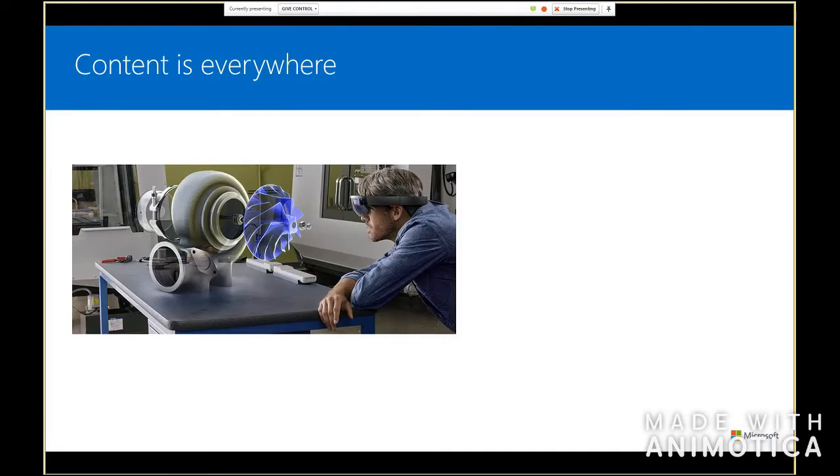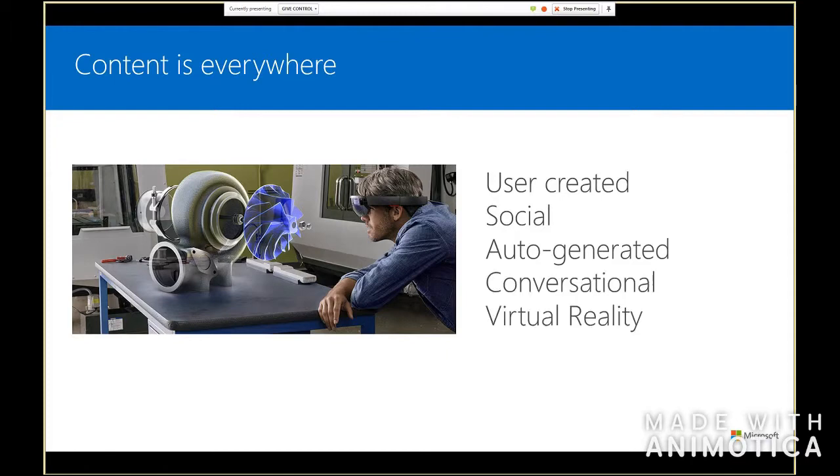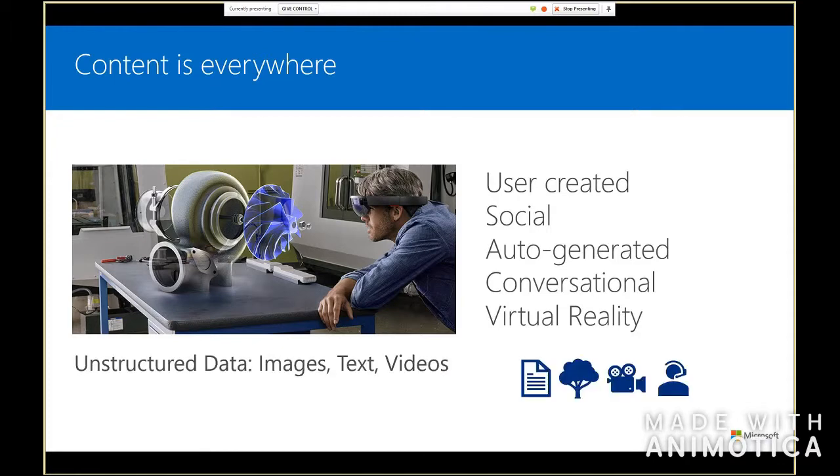And what is the Content Moderator? So content is everywhere. Everything is content. User created, social, auto-generated like IoT, conversational, and now virtual reality. We are talking about human information, unstructured data, images, text, and videos. This is the kind of data you can use to apply AI, to use the Content Moderator API, right?